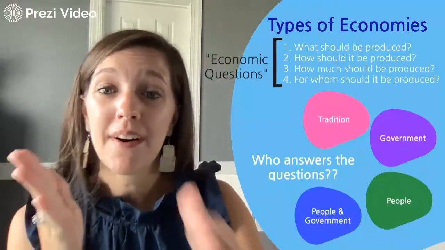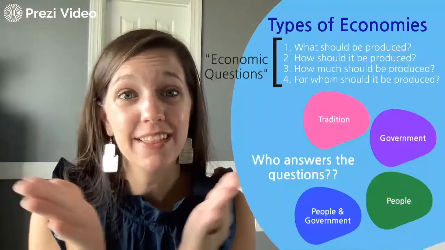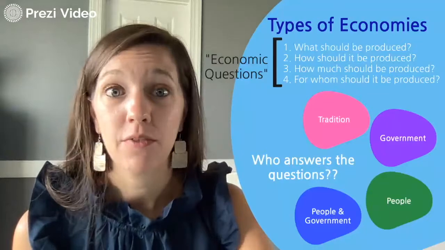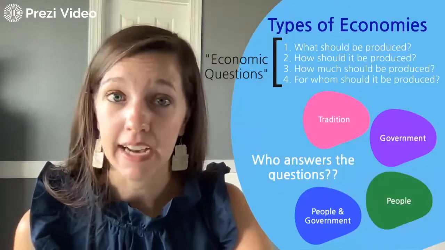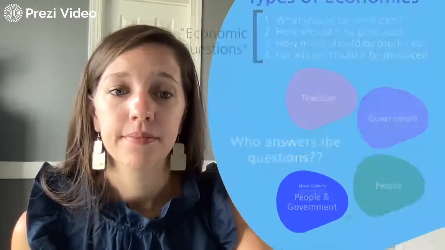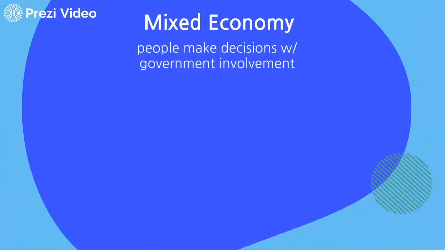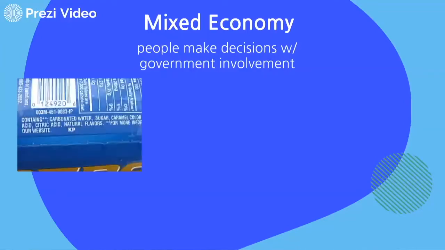And so when the people and the government together make the decisions, we have what's called a mixed economy. Okay, a mixed economy, people and the government make the decisions together.